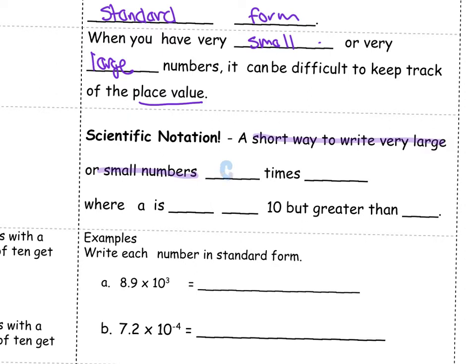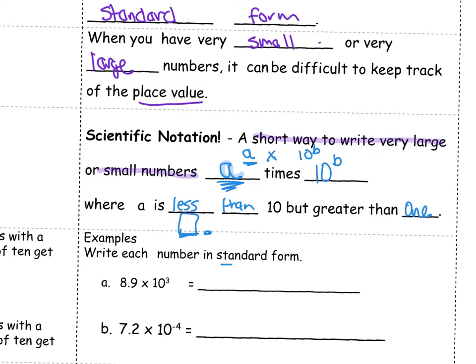It's always going to be some number times 10 to some sort of exponent, where a, the coefficient, because this is a times 10 to the b, is less than 10 but greater than 1. Always, always, always. So there's just going to be one digit before the decimal.